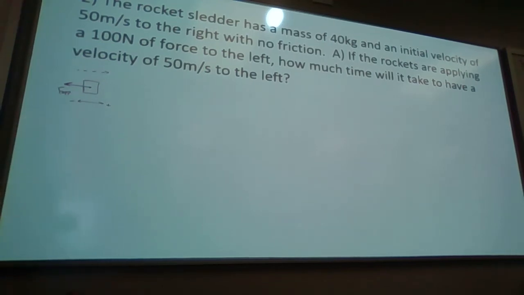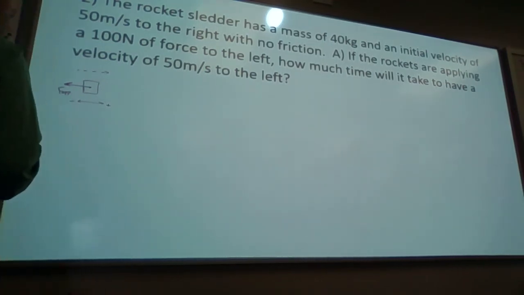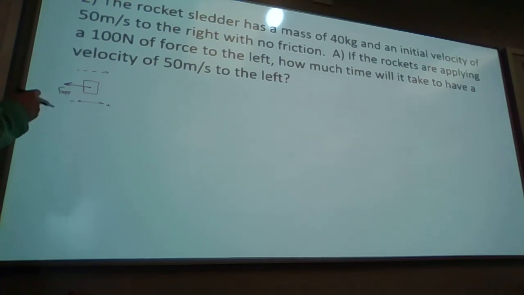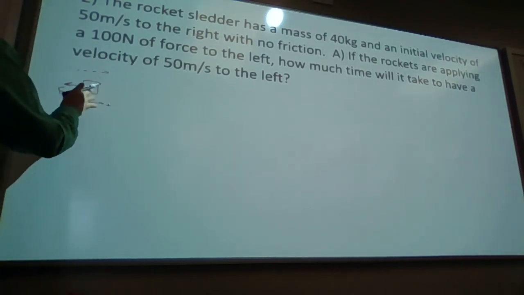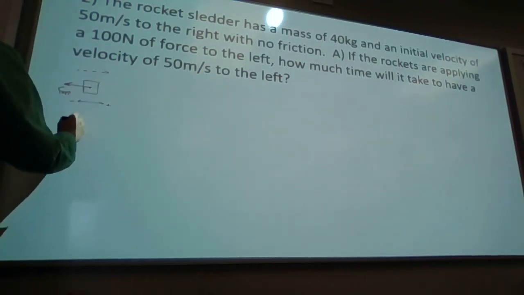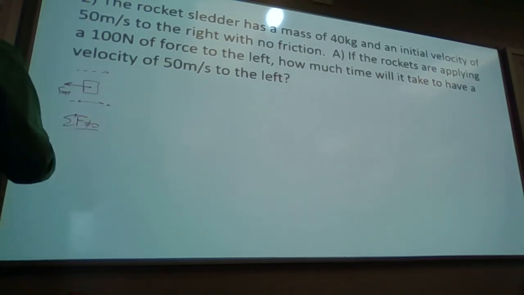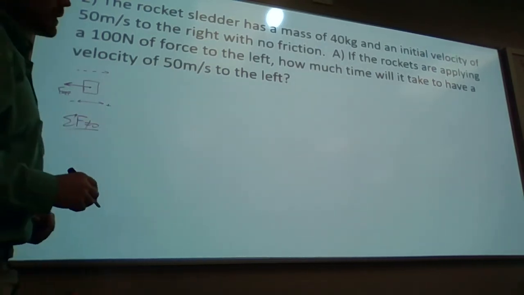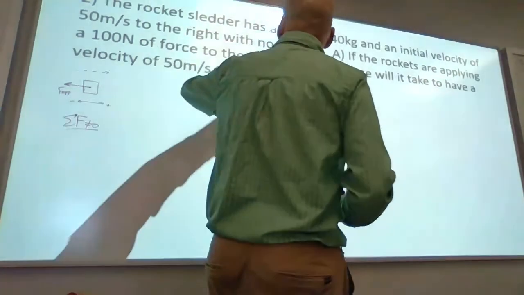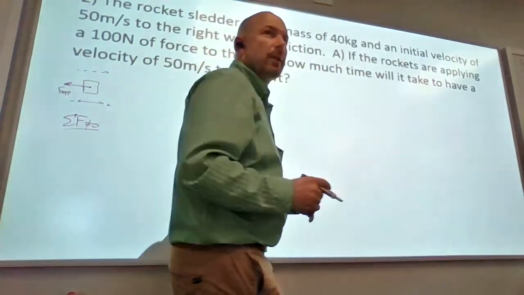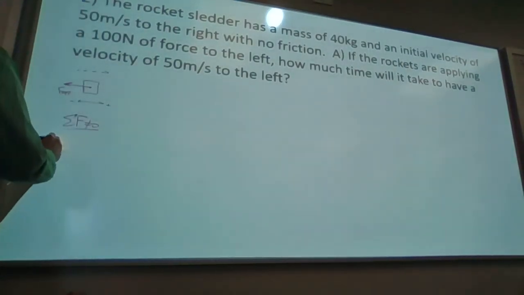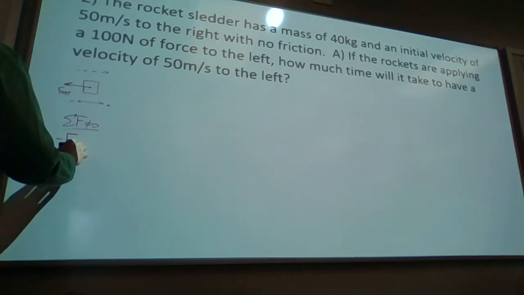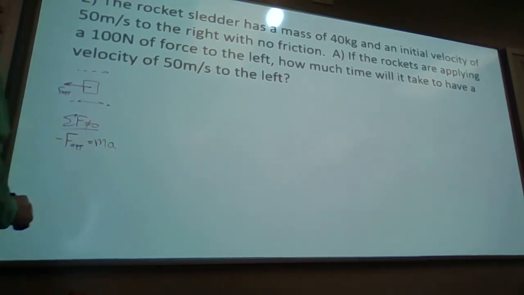I could make to the left positive, but everything I make negative should be positive, and everything I make positive should be negative if I made it the other way around. Some of the forces are not equal to zero because your velocity is changing. It was going to the right, and now it's going to the left. So your velocity is changing, so some of the forces are not equal to zero. So you have a negative applied force is equal to mass times acceleration.